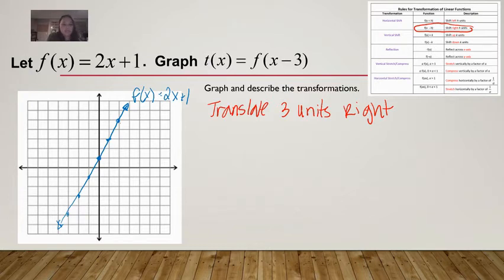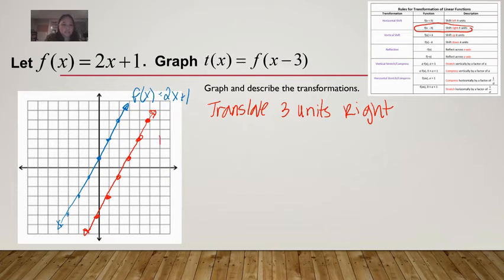That means I'm going to take every single point and move it 3 units to the right. So 1, 2, and 3. 3 units to the right. I'm going to shift the whole thing 3 units to the right. And then we're going to check to see if that's correct when we solve for it. Okay? All right. And that is t of x.